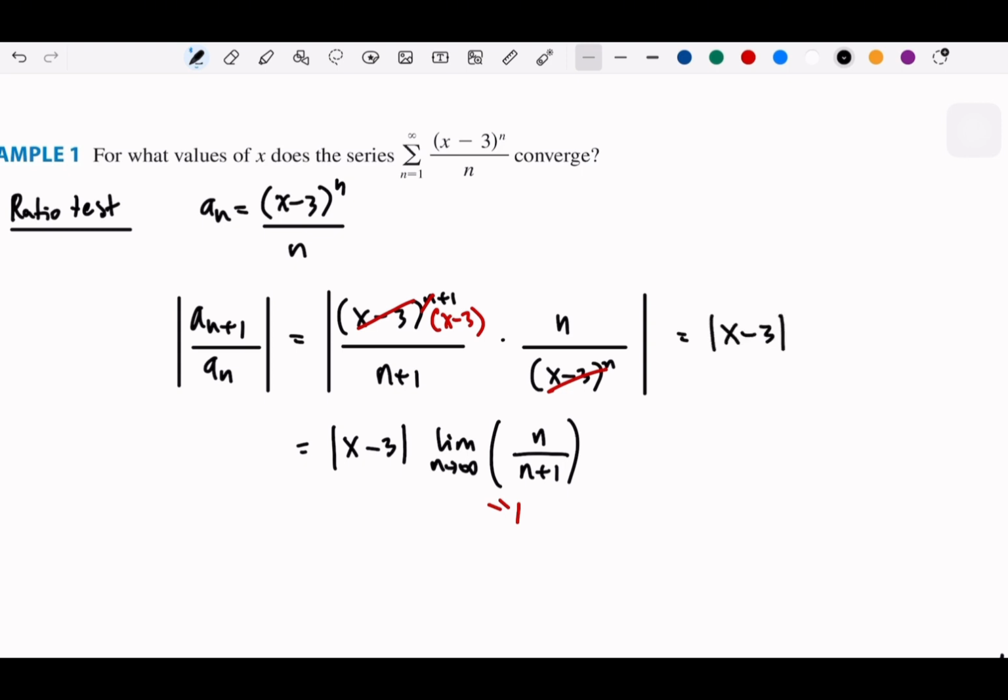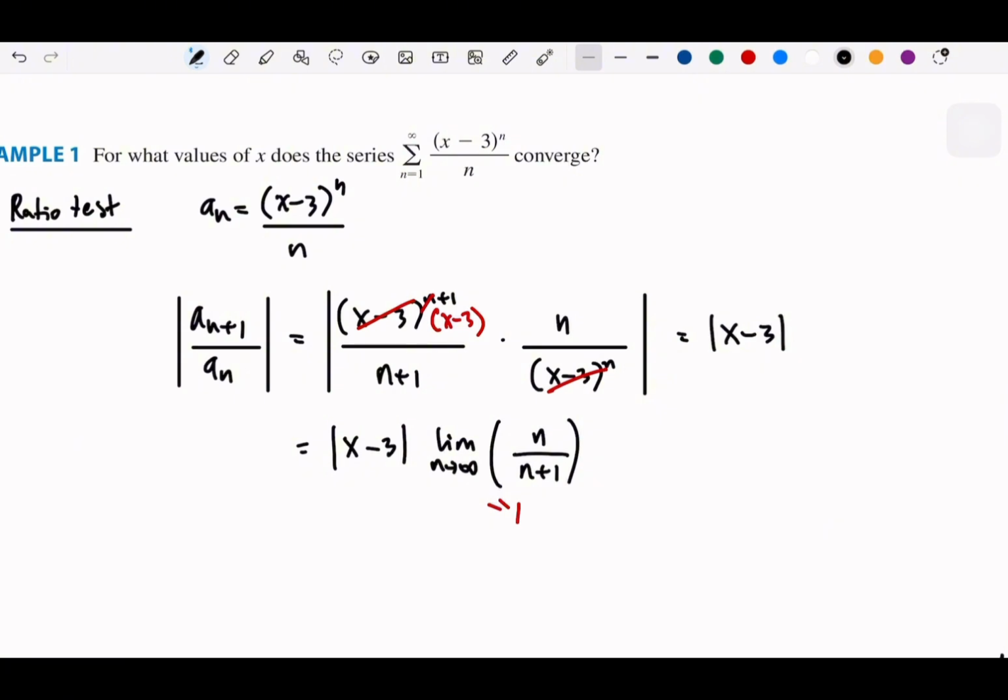What does that mean? Remember, in the ratio test, the series will converge when the value is less than 1.